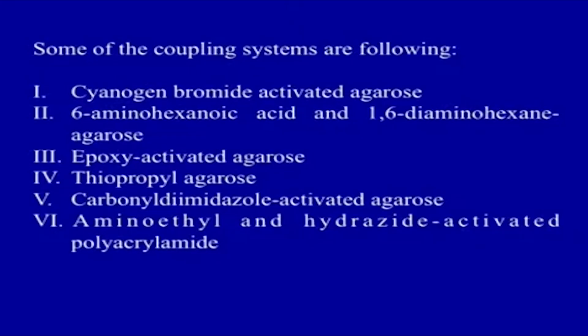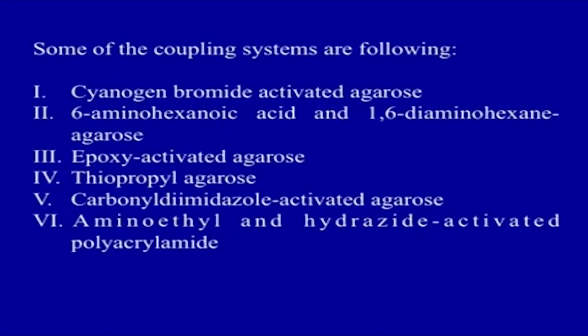There could be carbonyl diimidazole activated agarose, which could be utilized in place of CNBr coupling. Many times in the CNBr or cyanogen bromide coupling, the nucleophile reacts with the cyanate ester of CNBr, resulting in an isourea linkage.